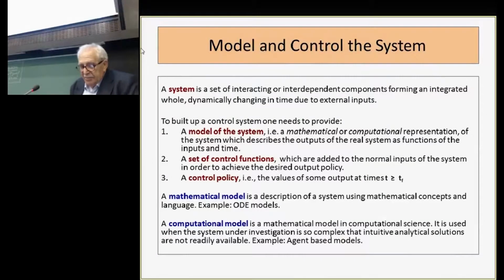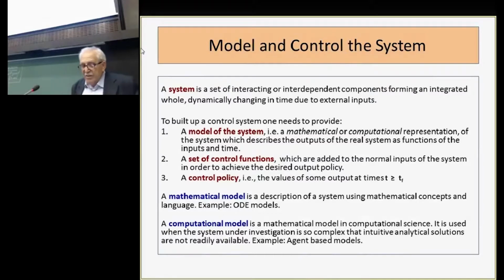So what we need: a system can be a simple one, it can be a complex one. An air dryer is a simple system, but if we talk about an aircraft or a car, it's not a simple system.